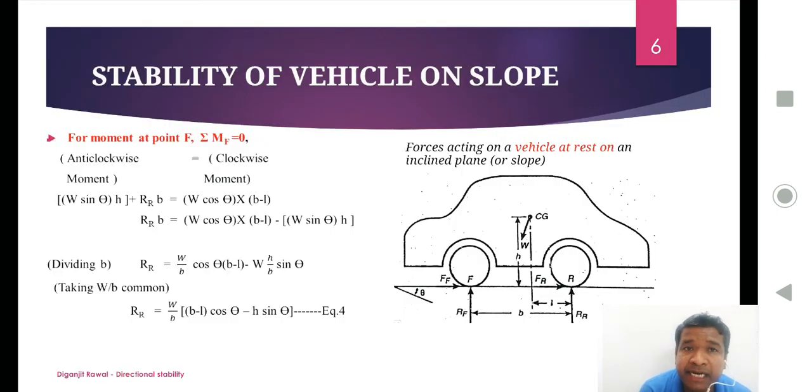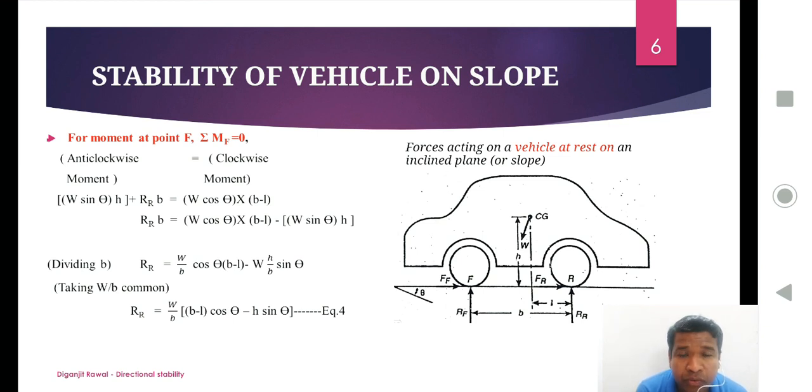Next, for moment at point F, summation MF is equal to 0. We have seen this in the previous slide. So we can read it as W sin theta h plus RR b is equal to W cos theta into b minus L. So we gather the theta terms to one side. So the equation becomes RR b is equal to W cos theta into b minus L minus W sin theta into h.